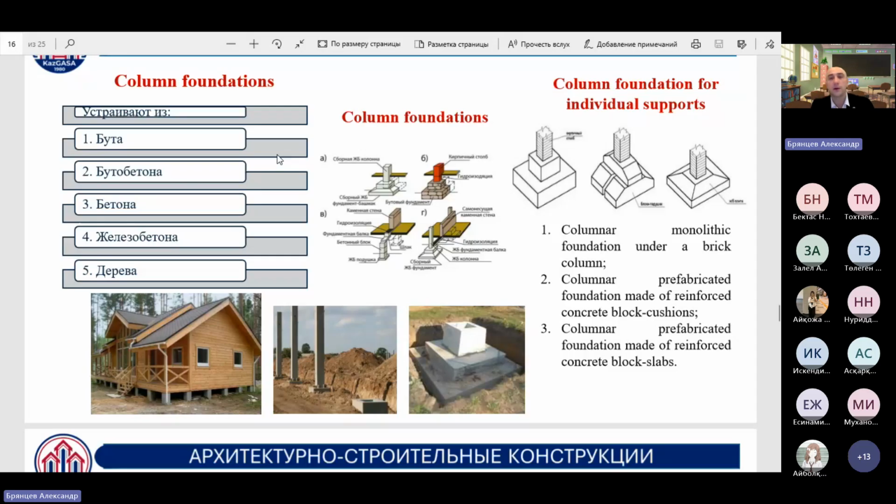So if we talk about some advantages, there is the economical efficiency of this type of building. It can be used on strong soils, and it's one of the simple, not so difficult variants of foundation.